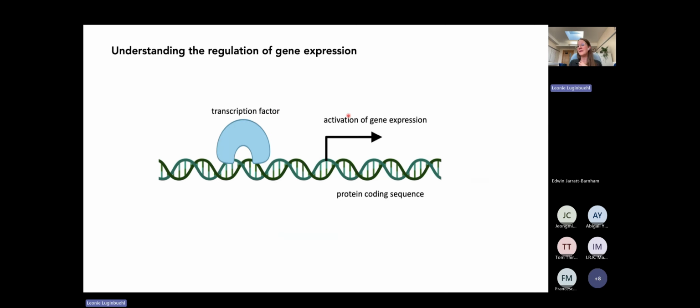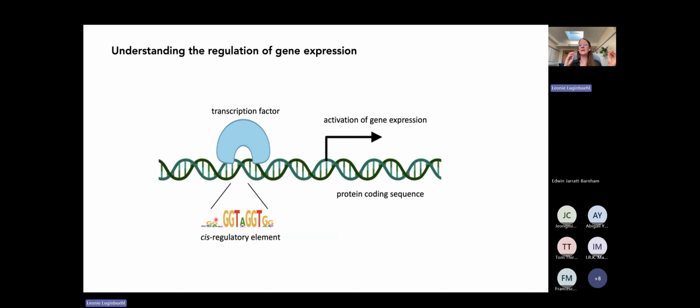These are proteins that can either activate or repress gene expression. And so the more transcription factor we have, for example, the more activation we can get of gene expression. But these transcription factors don't just randomly bind any DNA sequence; in fact, they're quite sequence specific. So they will bind, for example, a sequence like AGGP. And this is what we call a cis regulatory element.